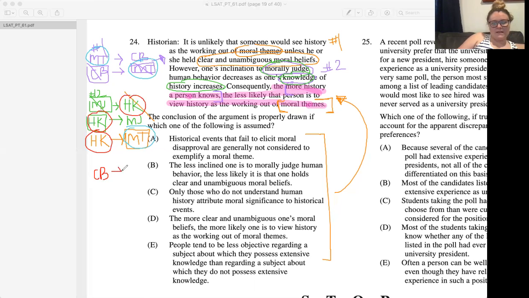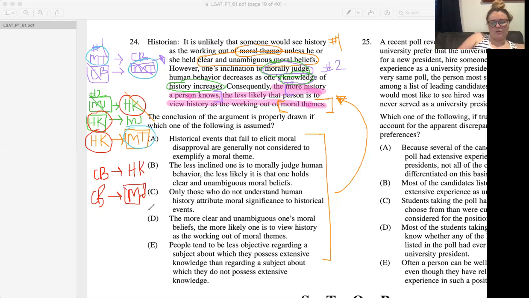We can maybe say the knowledge of history goes up. Or we could say with clear beliefs, maybe we can say something along the lines of moral judgment, if we want to have clear beliefs, moral judgment would go down.